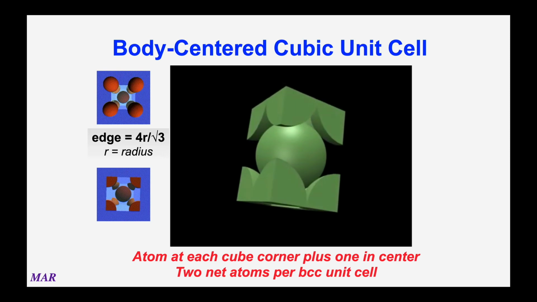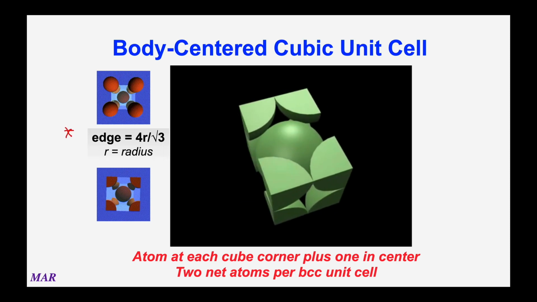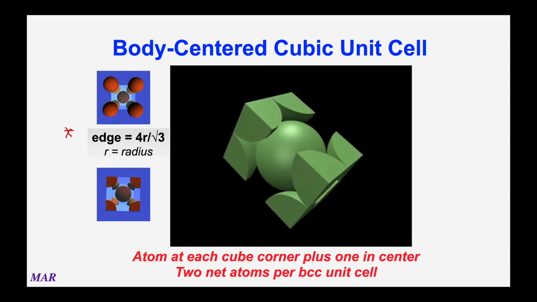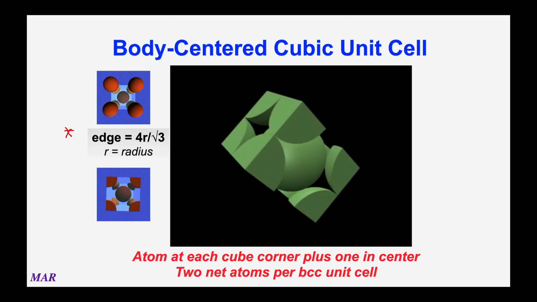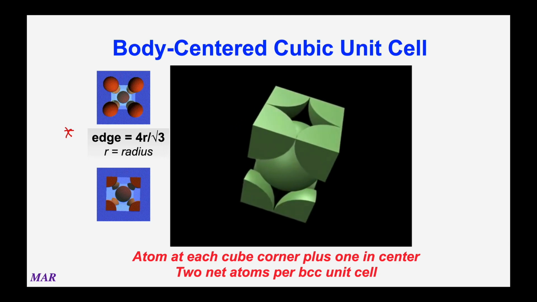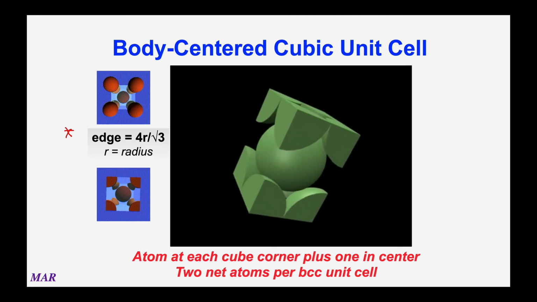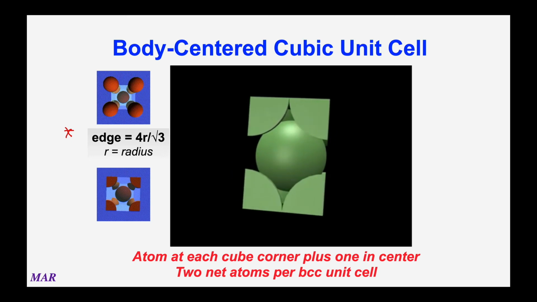Now, I'm also going to put up here in the middle left kind of what the edge to radius ratio is for these different unit cells. And in the solids and linear regression lab, if you're curious, we'll go over how those come about in more detail. But if you take 4 times the radius divided by the square root of 3, that's going to equal the edge of a BCC cell.